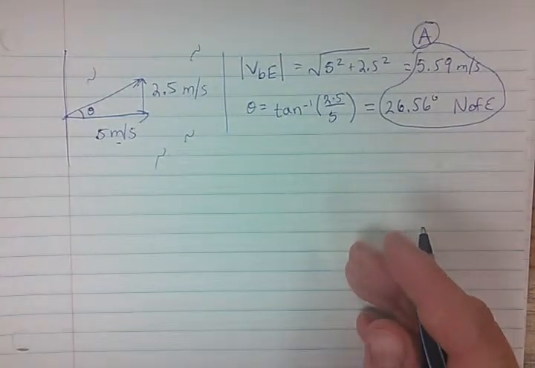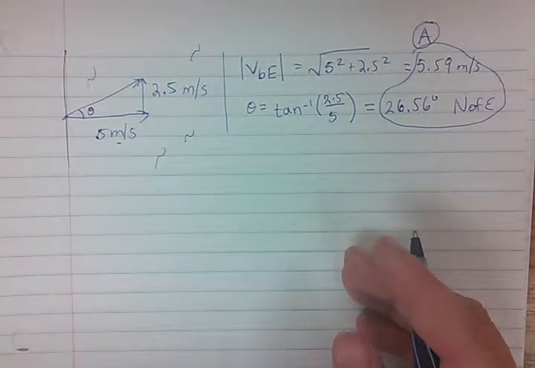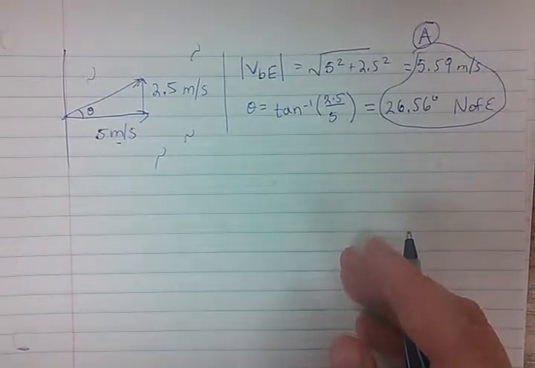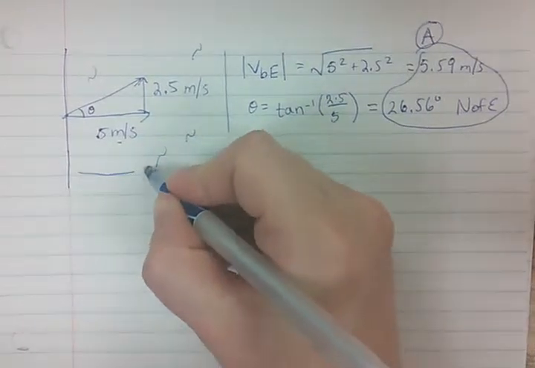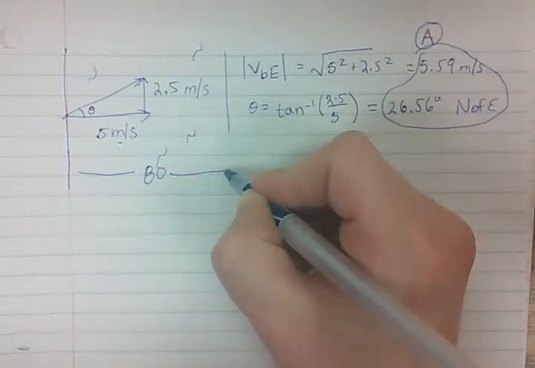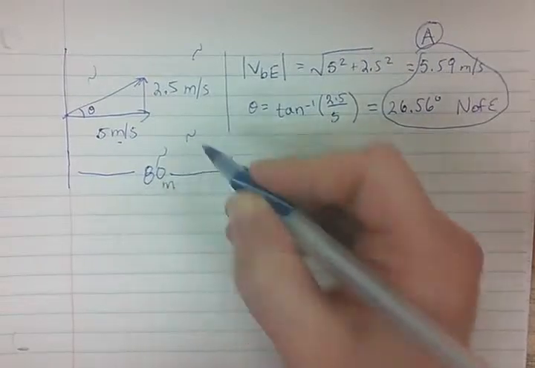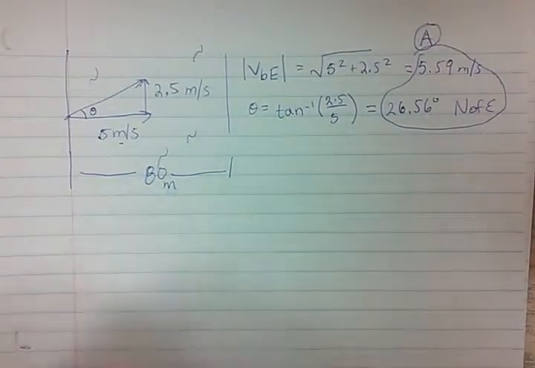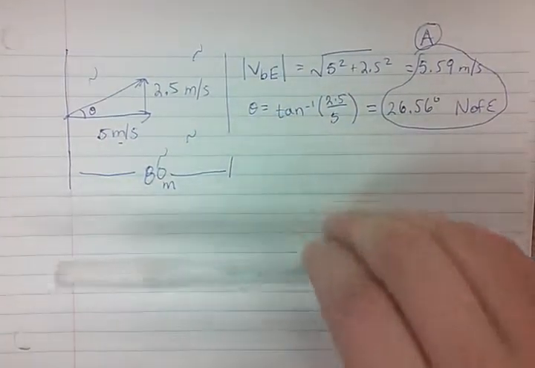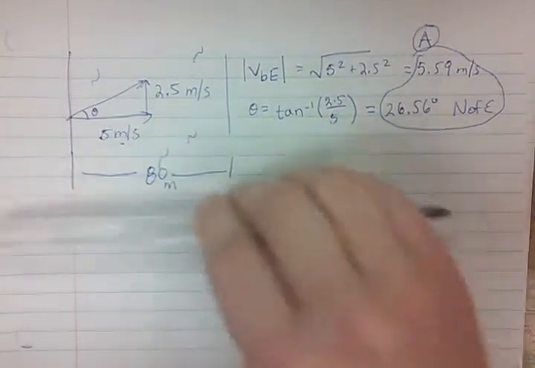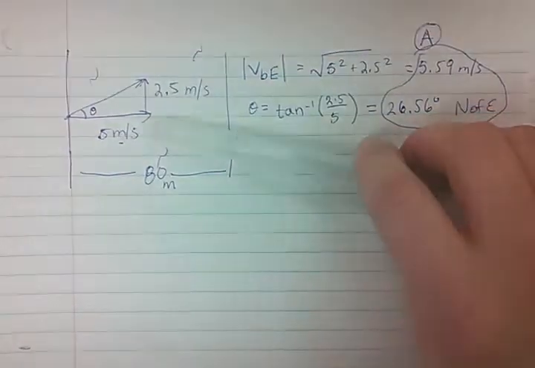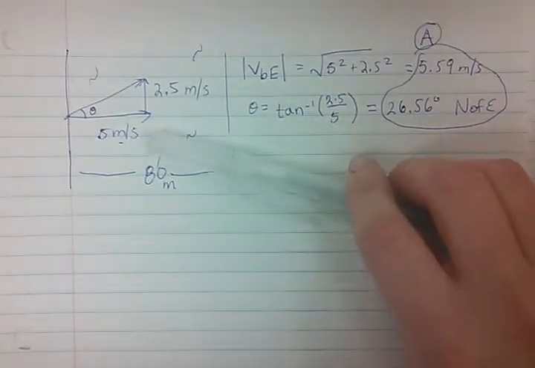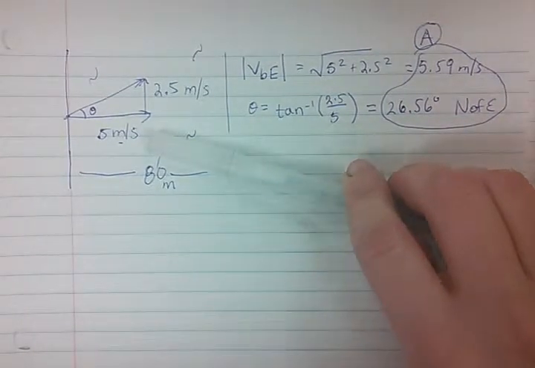Part B asks us, if the width of the river is 80 meters wide, how much time does it take the boat to travel to the opposite shore? This looks kind of confusing at first, but it's actually quite easy. So this distance is 80 meters. And so this would be technically how far it goes in the x direction. And then 5 meters per second is its velocity in the x direction.